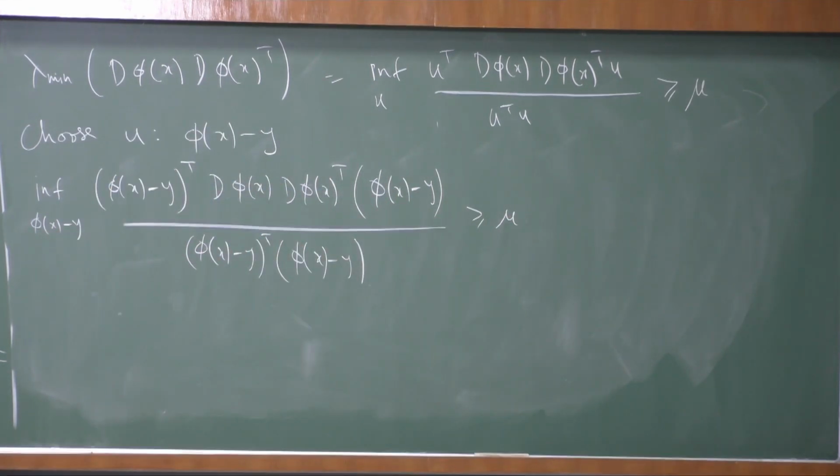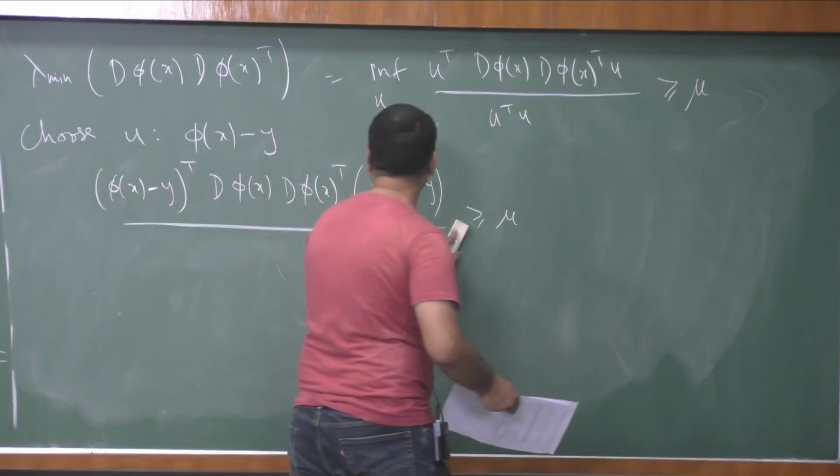So I can move this guy to the right. Should I do infimum? In general, why should I take the infimum now? What I'm saying is that choose some y, and this must be greater than or equal to that, and this guy goes there on the right.